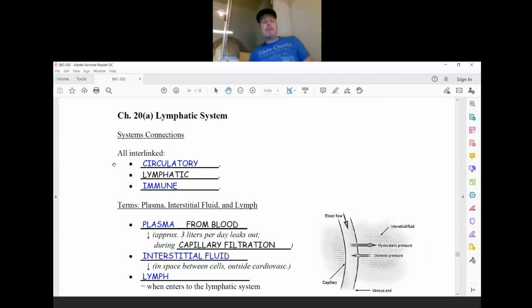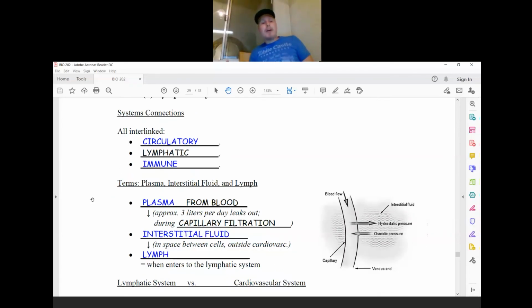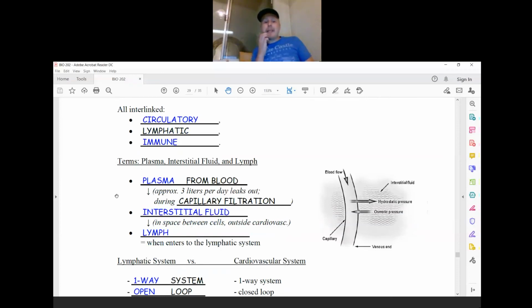You notice the lymphatic system is linked also with the circulatory and immune system. The terms plasma, interstitial fluid, and lymph, and where to use each one of these terms, that's important. That's something that I like asking because it's such a fundamental concept to understand. So plasma is part of the blood. And when some of the blood leaks out of the blood vessels, it is from the plasma, and it becomes interstitial fluid.